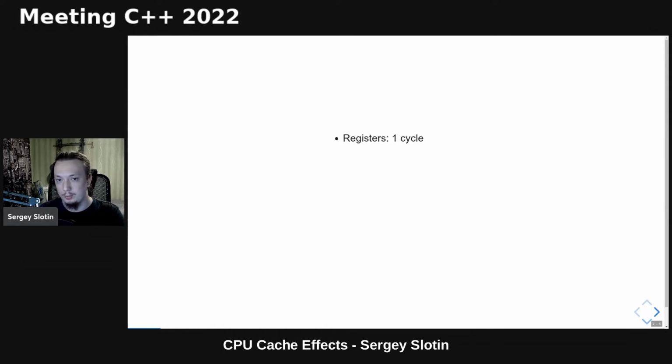So to answer this question, how long it takes to add two numbers together depends on where the operands are stored. If the data is already in registers, it takes one CPU cycle to execute the instruction. If the data is stored in the main memory, it typically takes around 100 nanoseconds or about 200 CPU cycles to fetch it.